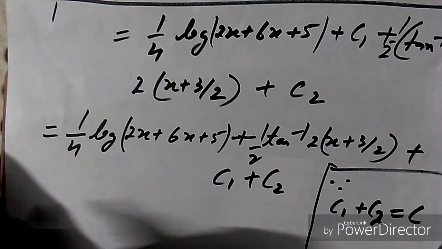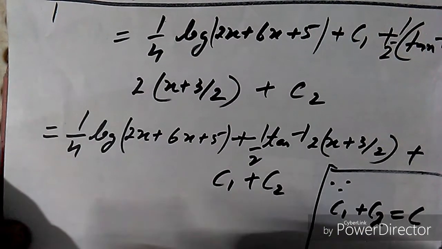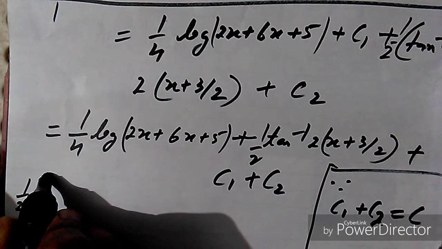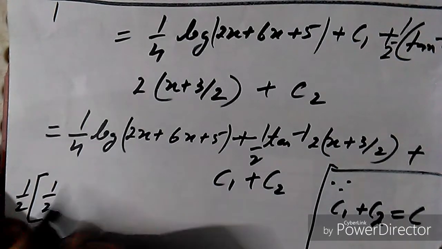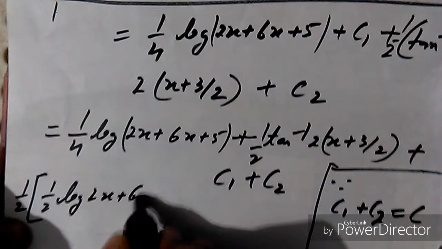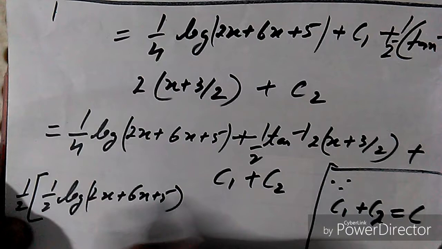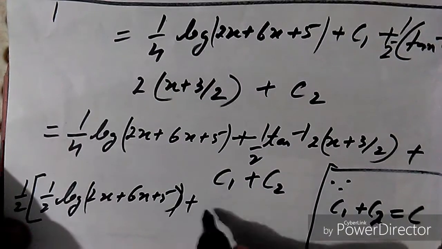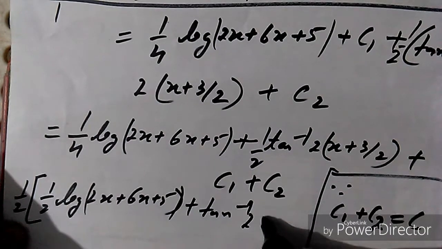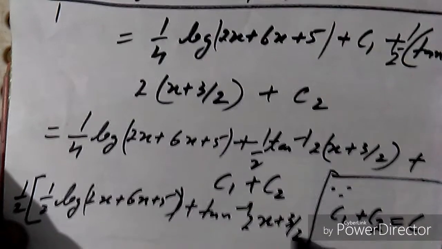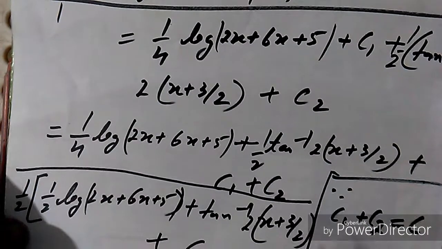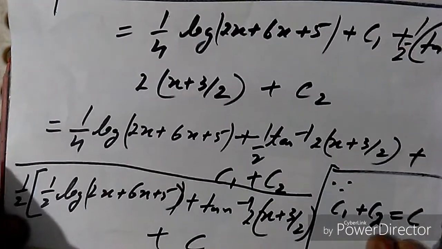First of all we take common 1 by 2, then we take common 1 by 2, there, log of mod (2x square plus 6x plus 5), plus tangent inverse 2 times (x plus 3 by 2), and plus c. That is the answer.